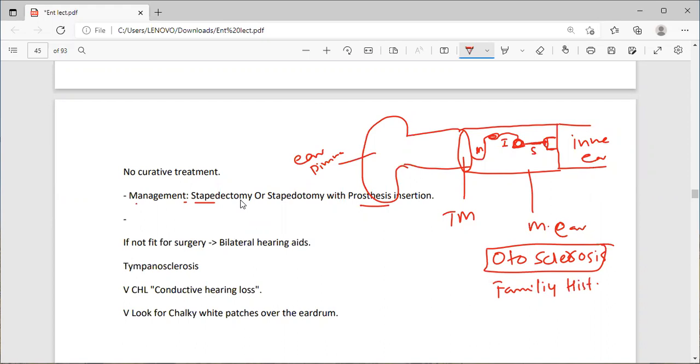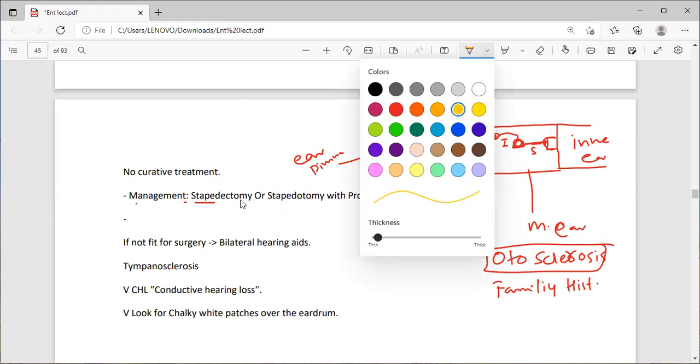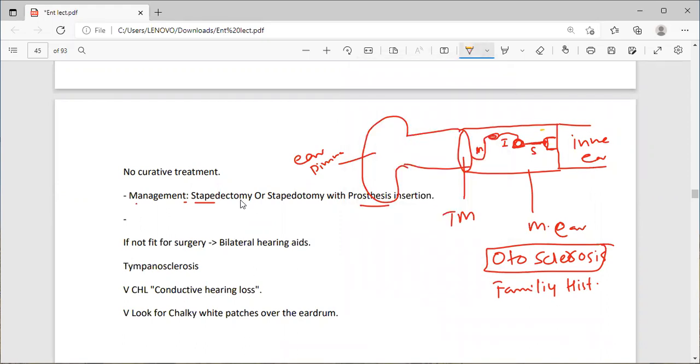These patients develop some bony tissue around the stapes. The stapes then doesn't vibrate sufficiently.